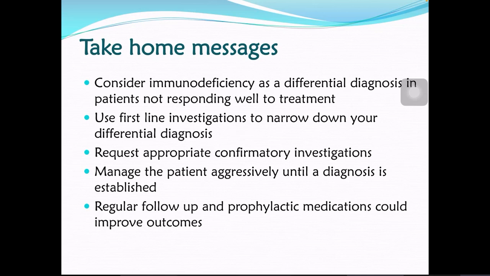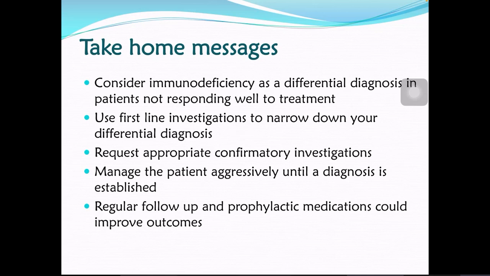And then if there is any doubt or you think that immunodeficiency is a possibility, always try to request the appropriate confirmatory investigations. You can liaise with the immunology team for such information, and you can then pick the right test. Try to send the samples on maybe weekdays so that the samples don't remain on desks and they don't get thrown away because they are not appropriate to be handled.